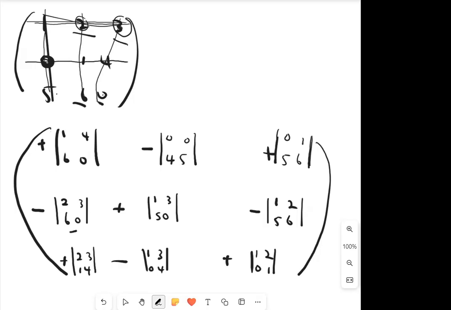That's what I have here. Go to this one now. Where do I get this from? You take this one, cross out the row, cross out the column. You get 1, 3, 5, 6. Take the 4, cross out the row and the column. You get 1, 2, 5, 6. And you do the same thing for these here, and you'll get this.